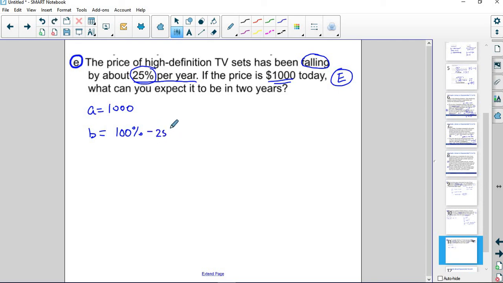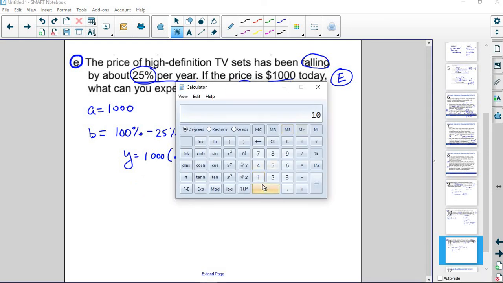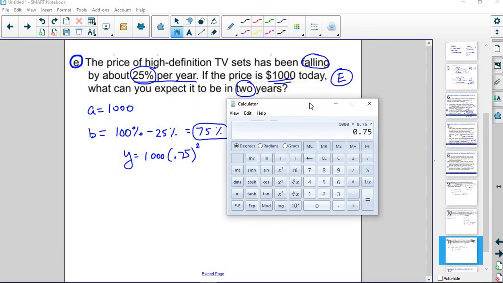And so we subtract 25% from 100 to get that our new value is going to be 75% of the old value, and 75% is, as a decimal, 0.75. And so we get y equals 1,000 times 0.75 to the x. We want to know what the price will be in 2 years, so we're going to plug in 2. And so once again, we need to pull up our calculator and do 1,000 times 0.75 raised to the 2 power. We get $562.50.